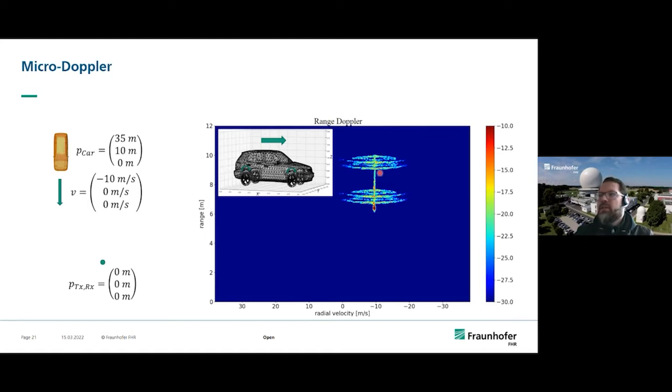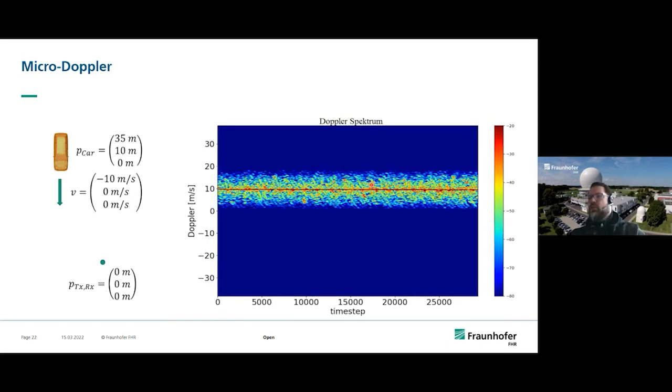So this is an effect coming from the wheels, and this can be very interesting for analyzing and also for certain signal processing algorithms for automotive radars. You can also choose a different way of visualizing that. This is just a Doppler along time step, and you also see this Doppler spectrum here reaching from 0 to 20 meters per second.